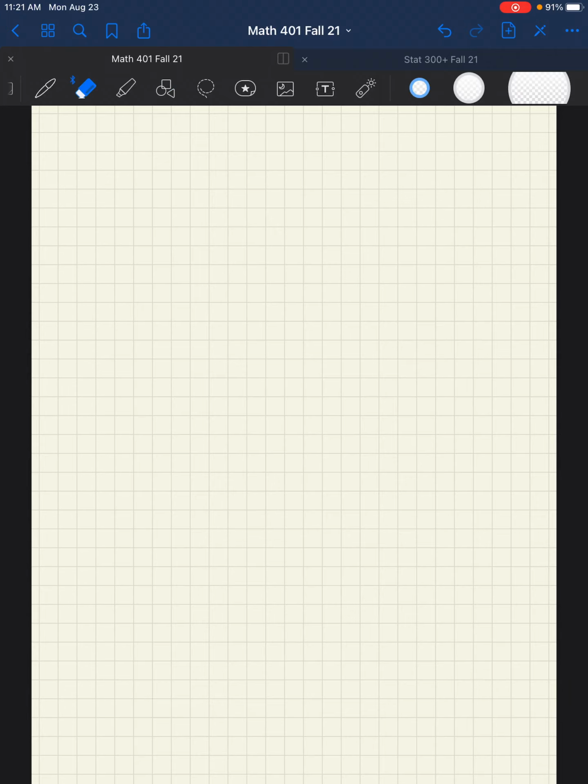Okay, let's keep moving. In another example here, we're going to integrate where we have an arbitrary axis parallel to the y-axis.